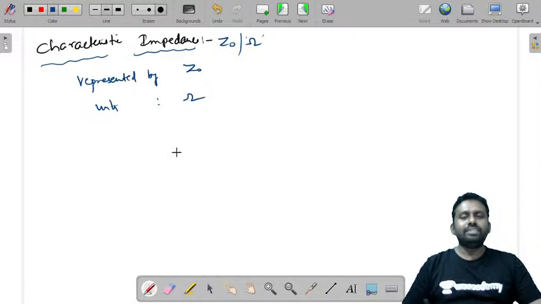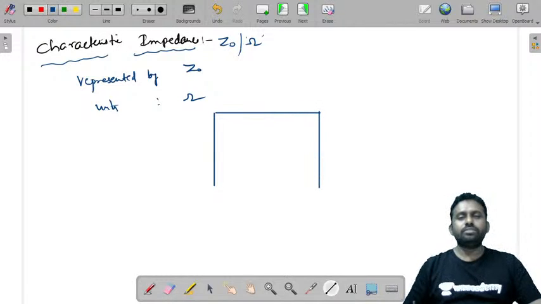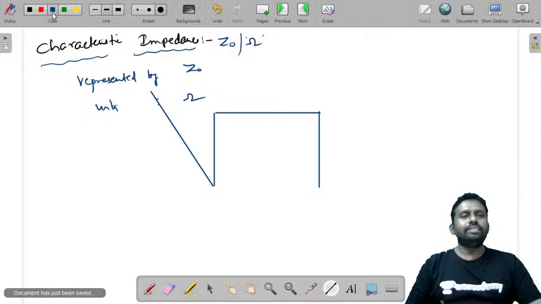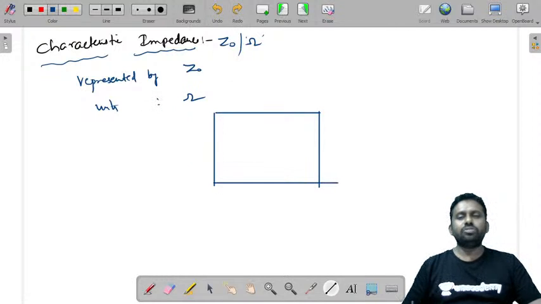Now if I consider a two port network, let's say this is terminated with an impedance of value Z naught.